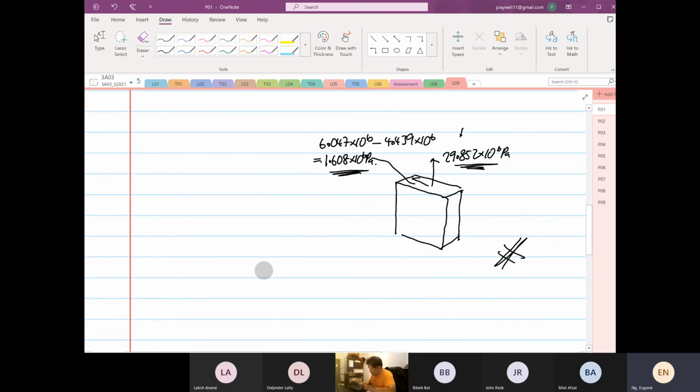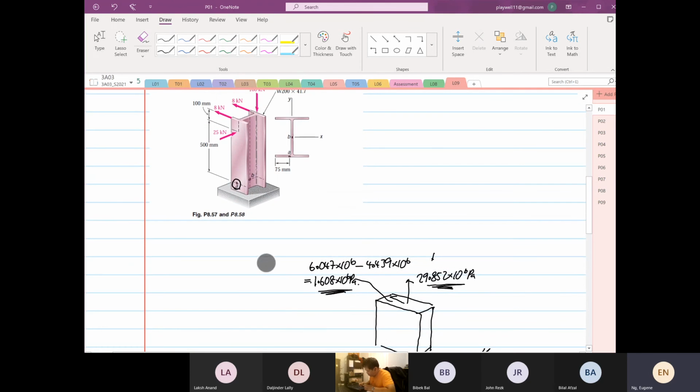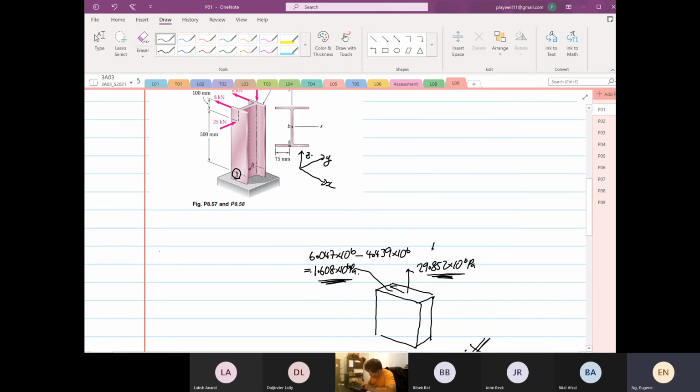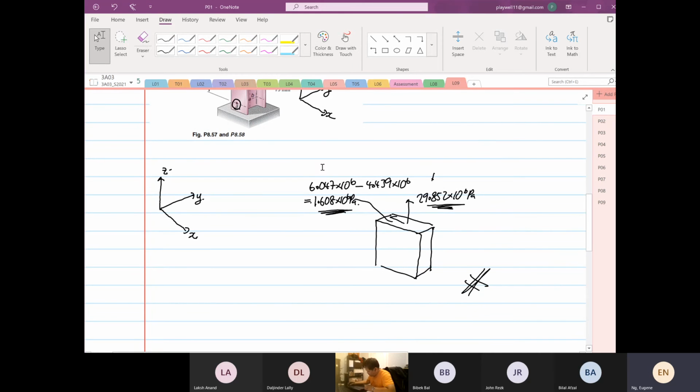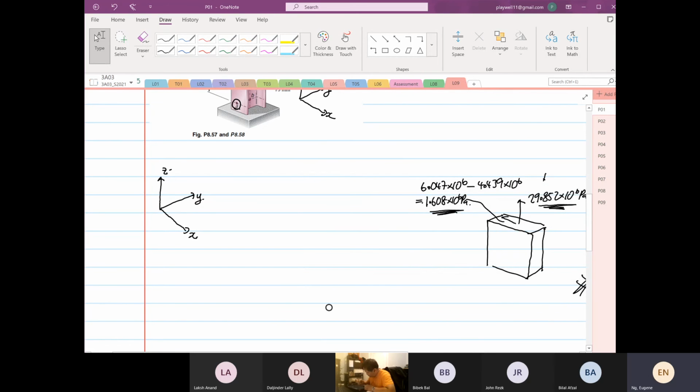Based on our configuration of the axes of our transformation, we know that this is X, this is Y, and the vertical one is Z. If I were to redraw this element, this is X, this is Y, and this is Z. So this entire element will have a load of 29.